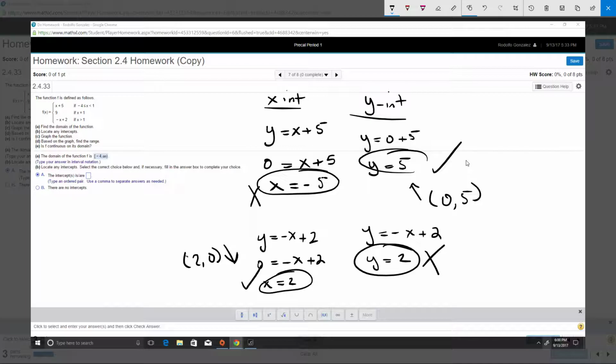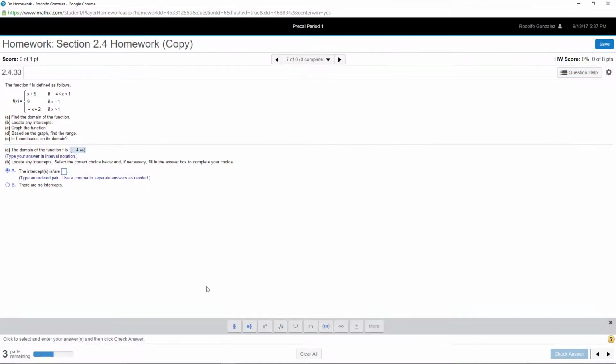So let's go ahead and plug those in and see if those are right. So 2, 0. And then be sure to put a comma, because they tell you right here, use a comma to separate answers as needed. Okay, so don't get mad at the program if they told you what to do.